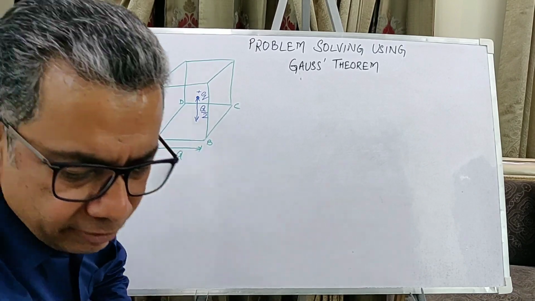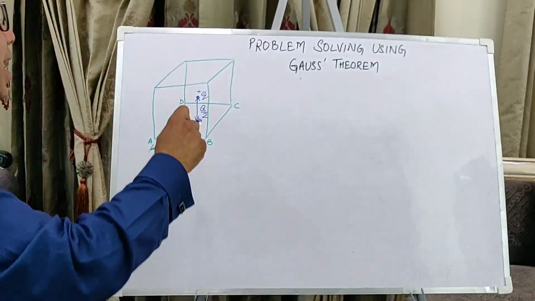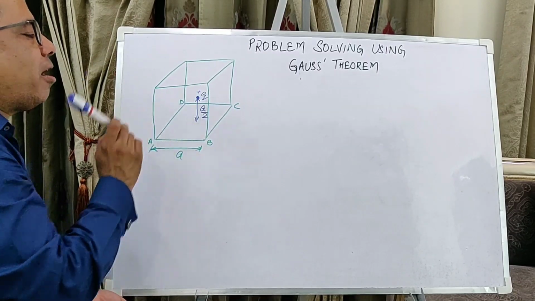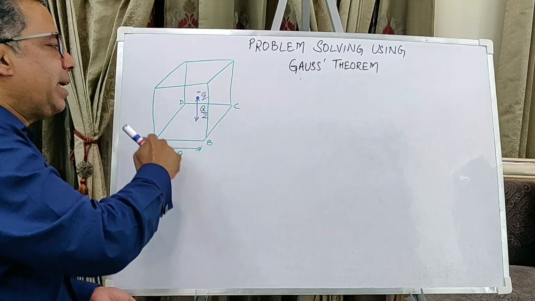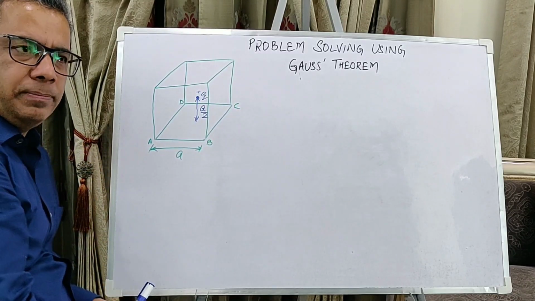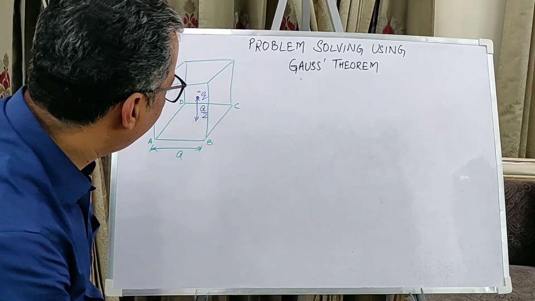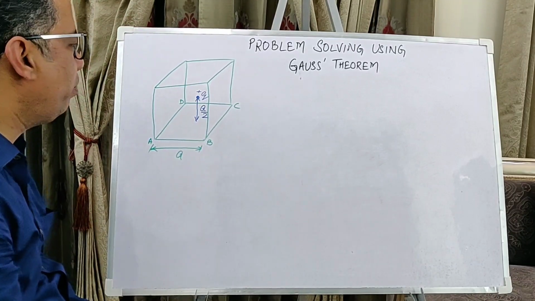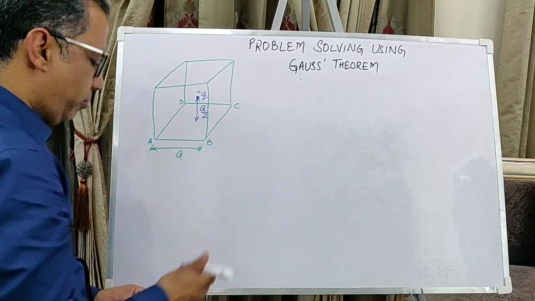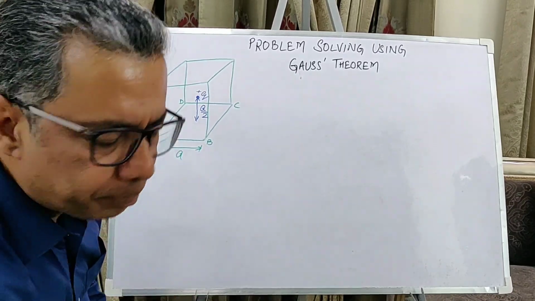Now if you look very carefully, the way this cube has been constructed, the charged particle is exactly at the center of the cube, at the geometric center of the cube. And since the charge is at the geometric center of the cube, the flux through each face of the cube is same, right?